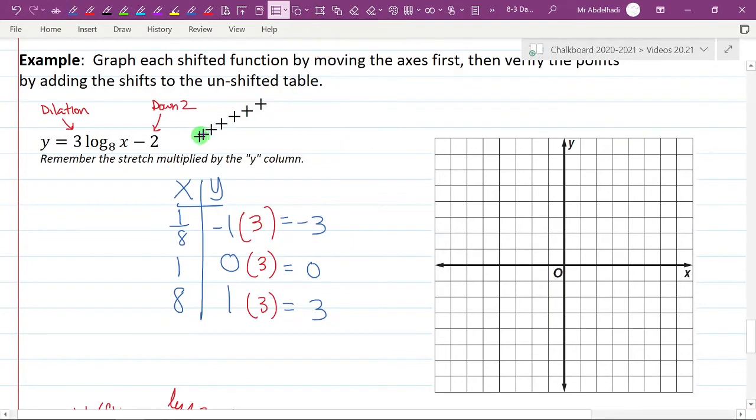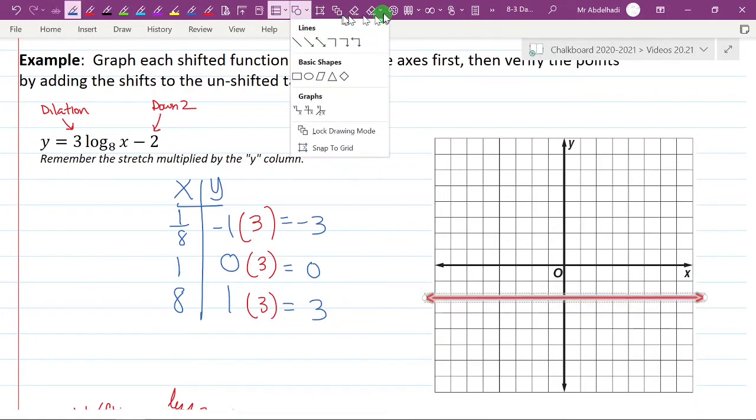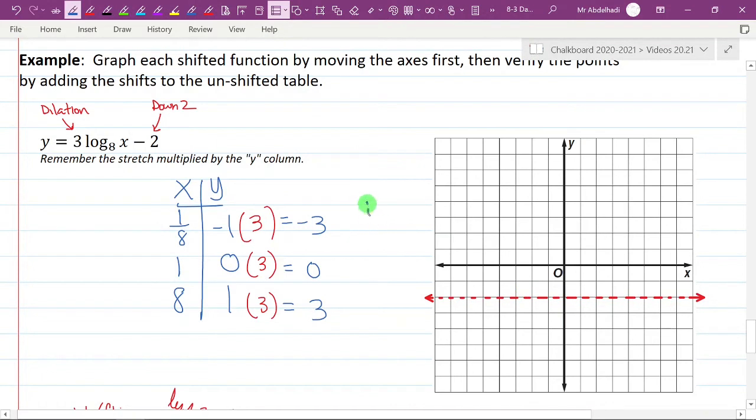So let's see, this is down 2, which means the horizontal axis is going down 2. And just like we did with exponential functions, just draw your shift rather than worry about putting it on the table. Okay, so there it is. And we'll make this into a dotted line as we need to. Okay, there it is. Now, one thing I want to point out is that on an exponential function, this horizontal axis is an asymptote that you cannot pass through.